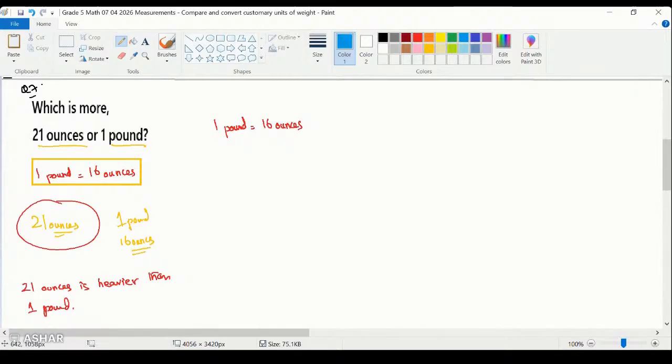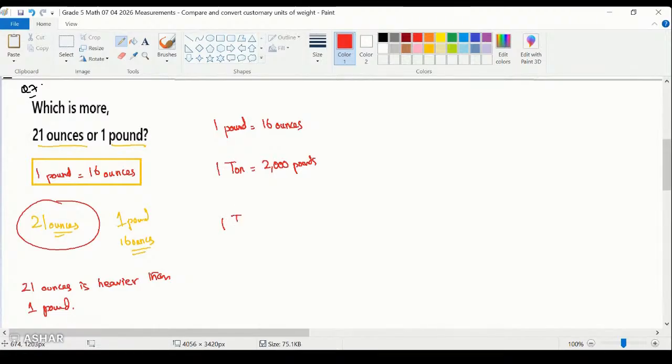Okay. And we can say 1 ton had 2000 pounds. Agreed? I wrote ounces earlier, my bad, it is pounds.